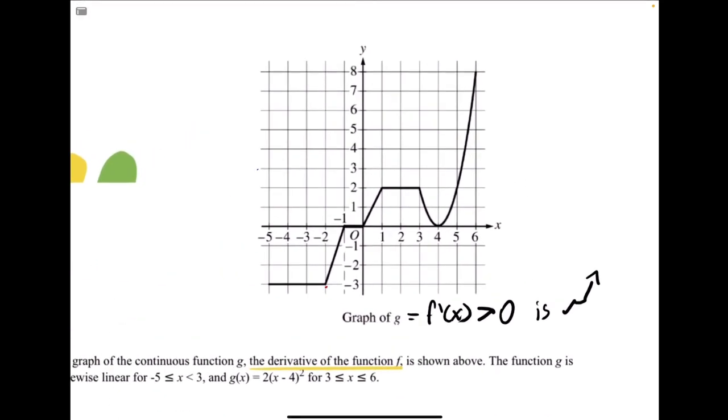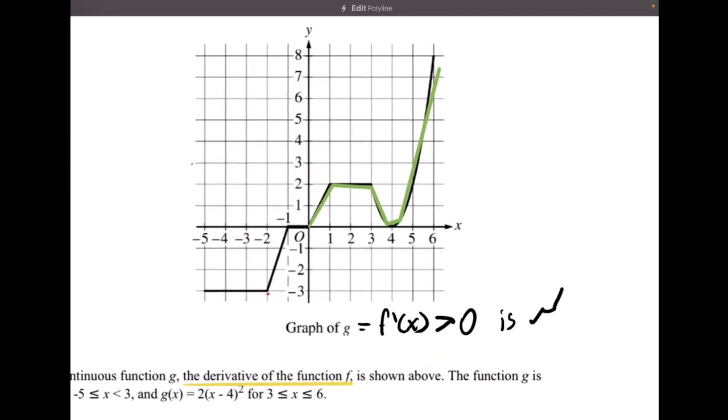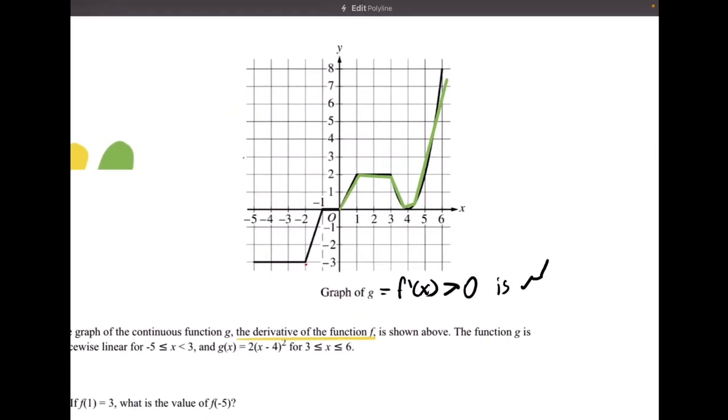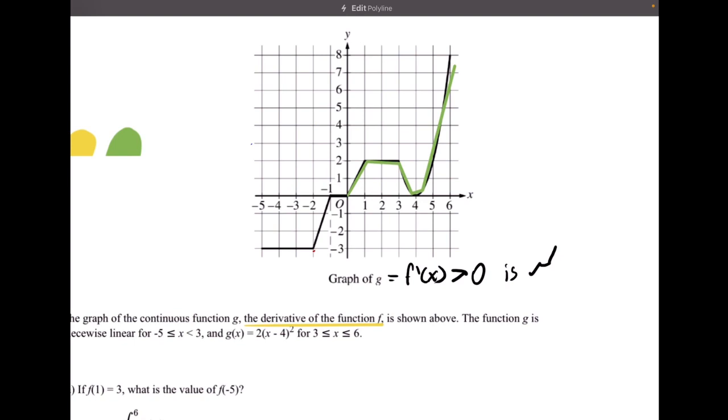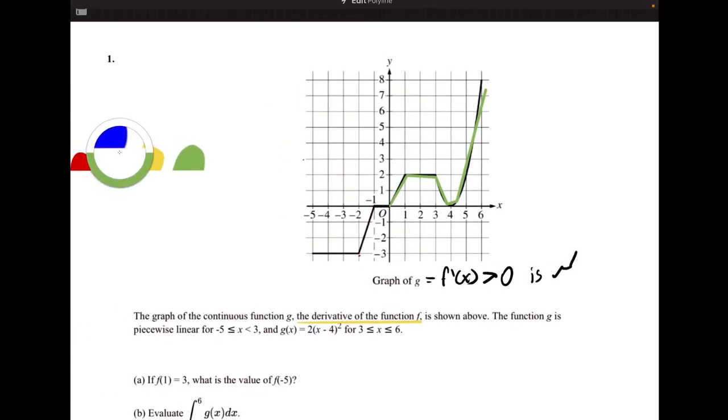We can tell by the graph that any interval above the x-axis is increasing. And concave up is when f prime of x is increasing as well.